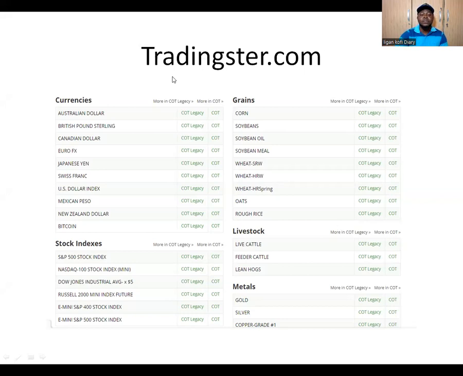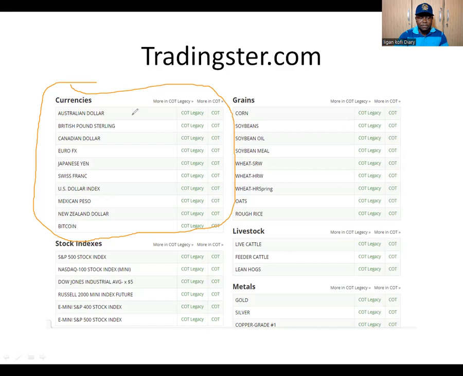When you go to tradingstar.com, they have grouped the commodities and the currencies. This area is for currencies. The first menu here is for currencies: Australian dollar, British pound, Canadian dollar, euro, Japanese yen, Swiss franc, US dollar, Mexican peso, New Zealand dollar, and then Bitcoin.